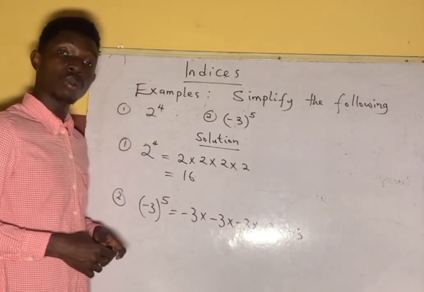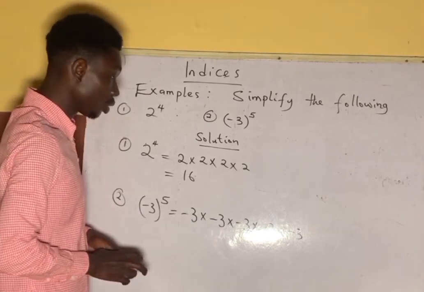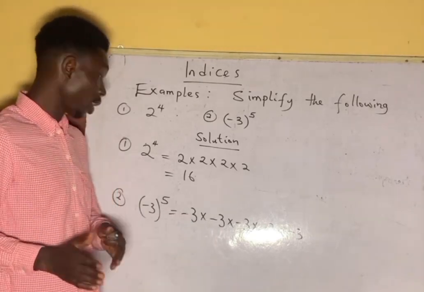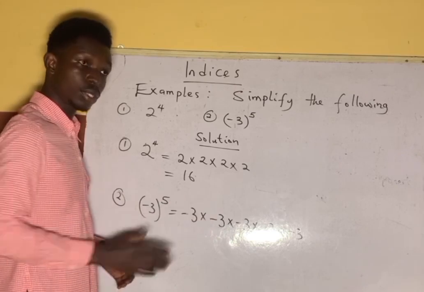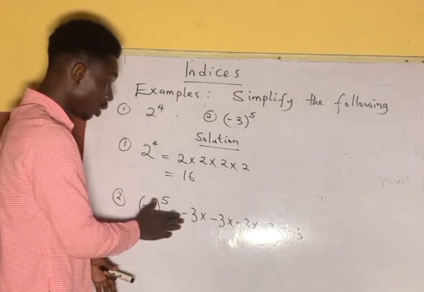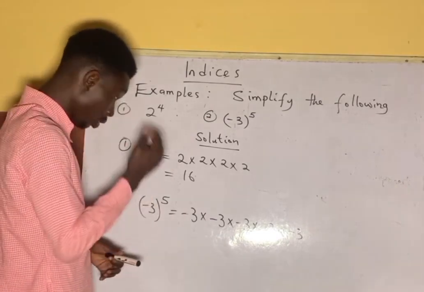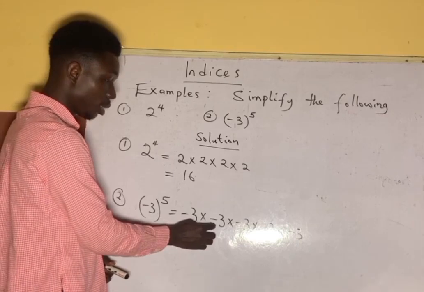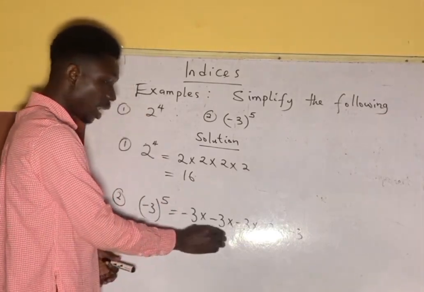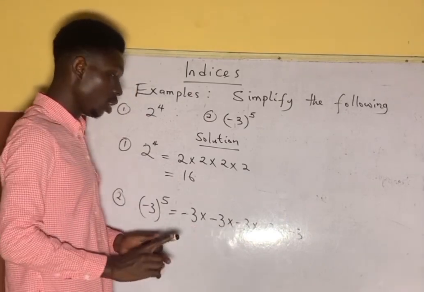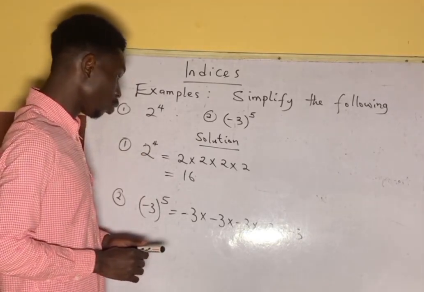Good. So minus 3 times minus 3 gives us 9. We already know that minus times minus is positive. When a negative number multiplies another negative number, it turns into positive. Then 9 times minus 3 gives us minus 27.